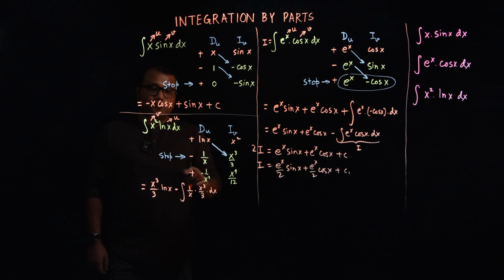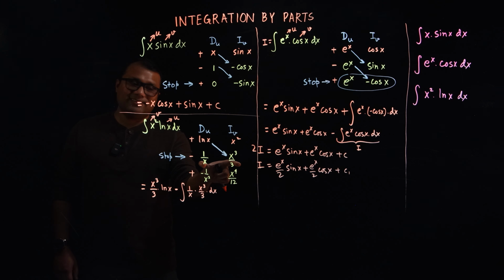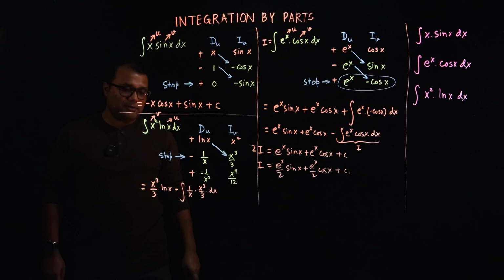Now, it becomes obvious to you why I stopped here, because if the product of these two functions is easily integrable, then we do not need to go any further, we can just stop there.